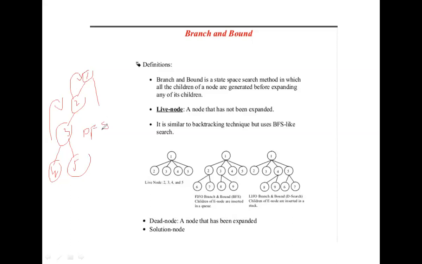But if we want to do this in branch and bound, we consider the first node, then we directly consider the nodes only. See here, we have 5 nodes, represented as 1, 2, 3, 4, 5.